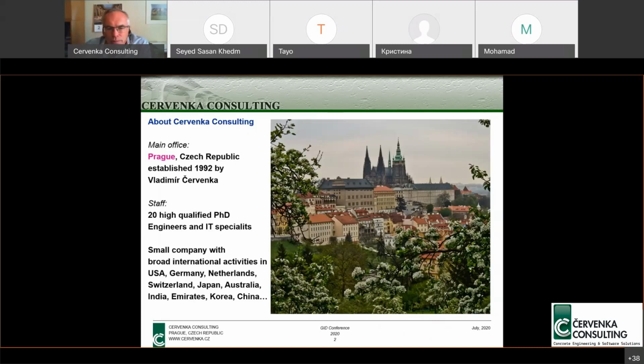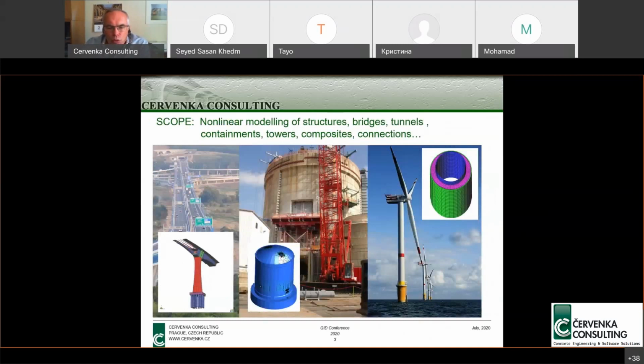What we do, as many of you may know, is focus on modeling of concrete. We try to develop technologies and software tools that allow engineers to realistically simulate the behavior of reinforced concrete structures.